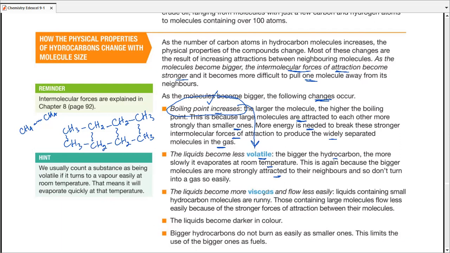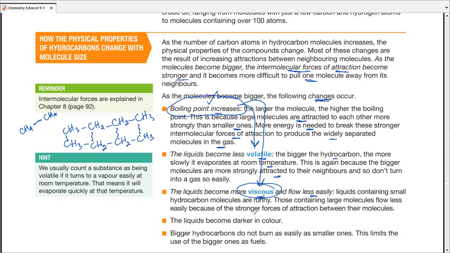Another thing which is affected by the molecules being closer together is viscosity. Viscosity is the resistance to flow. We can't directly relate it to boiling point, but we can definitely relate it to the attractive forces between the molecules. So they flow less easily, hence the word viscous.